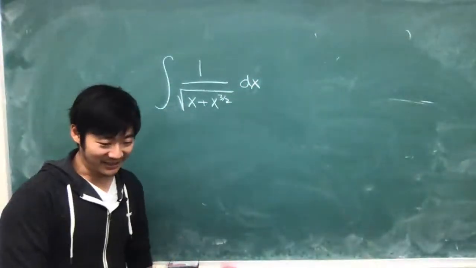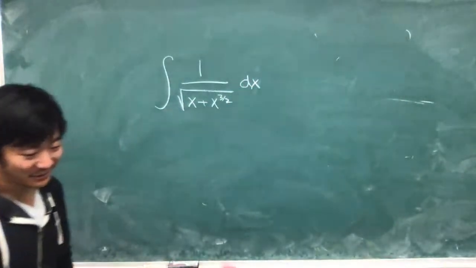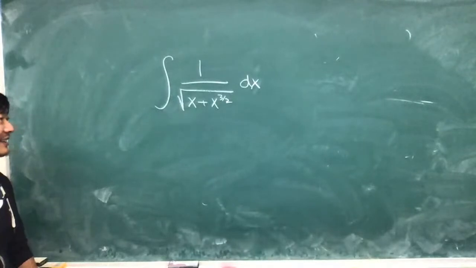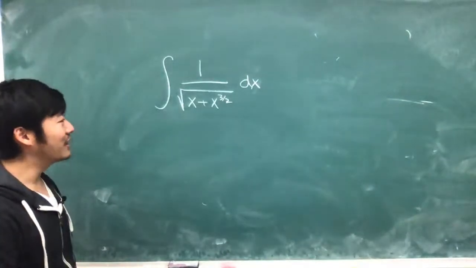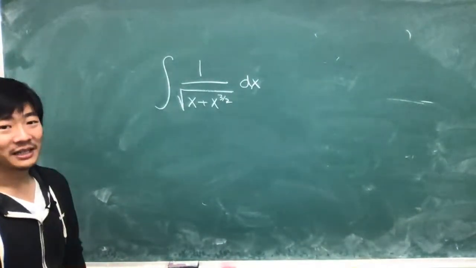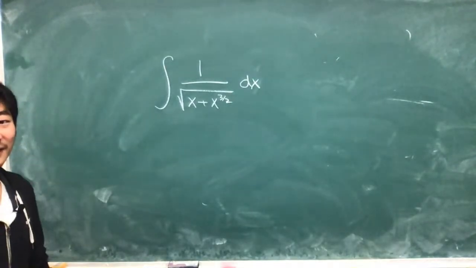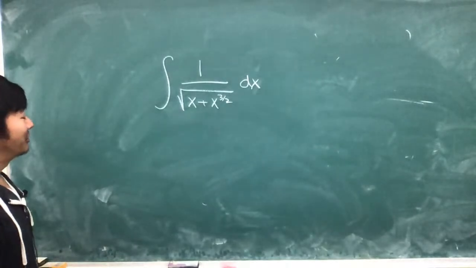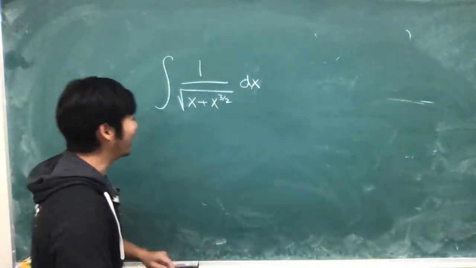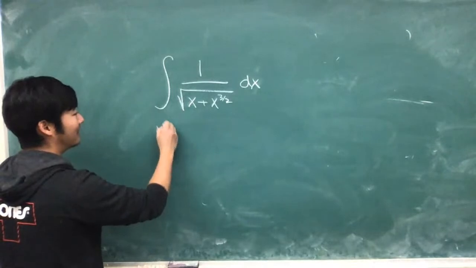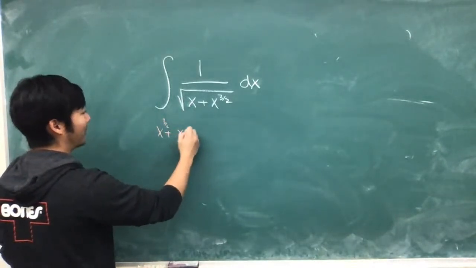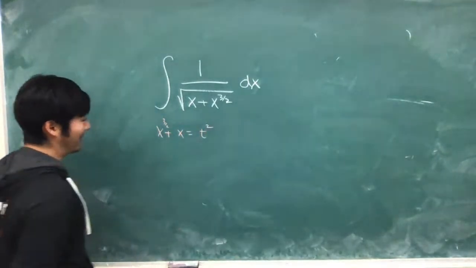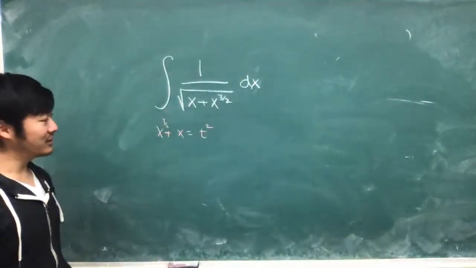This one is a little bit tricky because it's not so obvious what the substitution should be at first. A couple of things you could try is to make this whole thing into maybe t squared so that you deal with the square root.